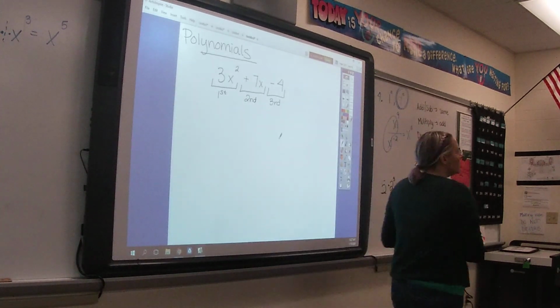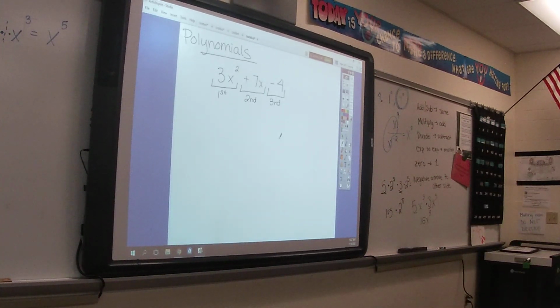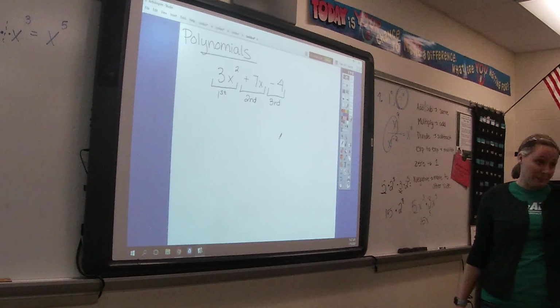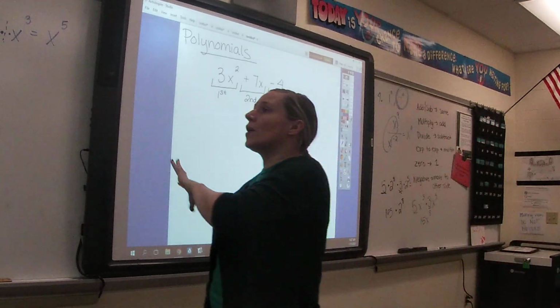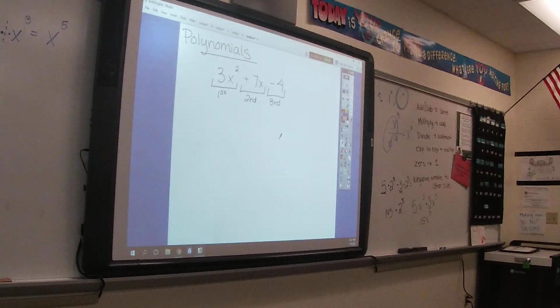But the vocabulary that we need to take a closer look at is, once we know how many terms it has, it then gets its own little fancy name. And while there are lots of different fancy names, and we're not going to focus on all of them, we are going to focus on a few of them. So here are the terms we need to know.